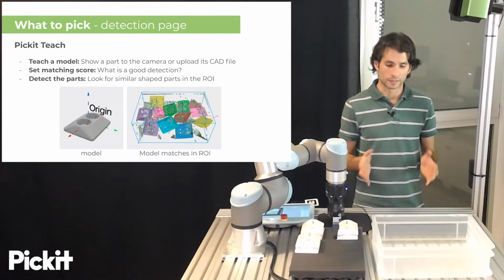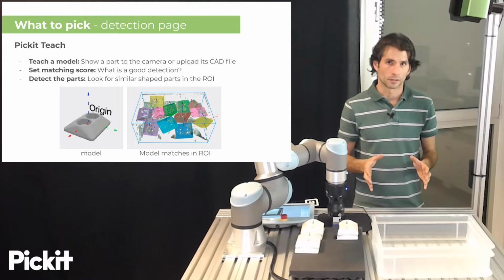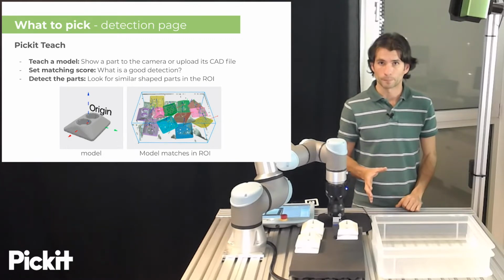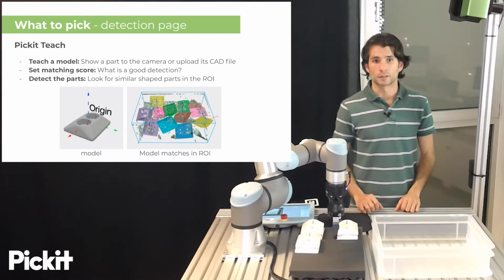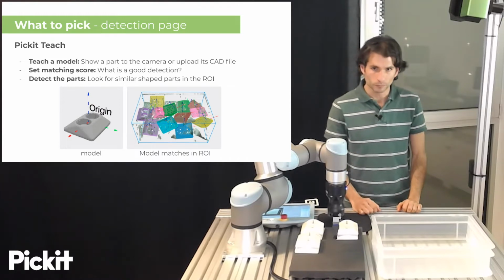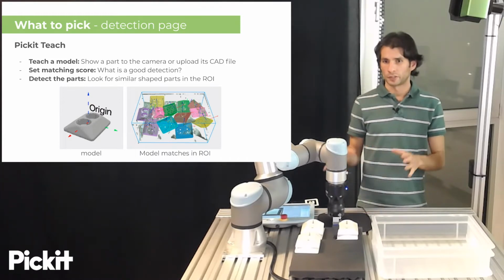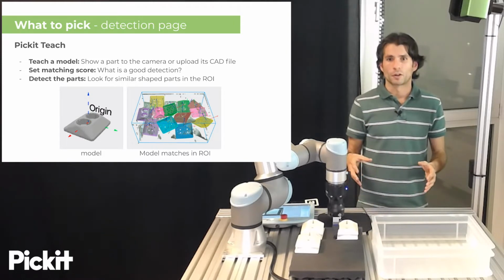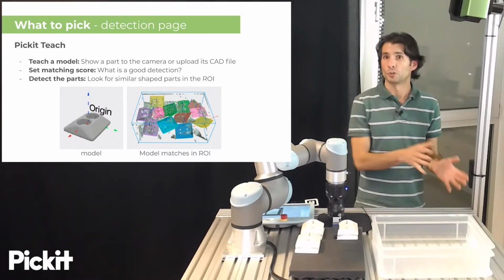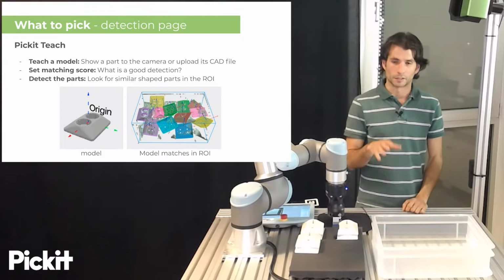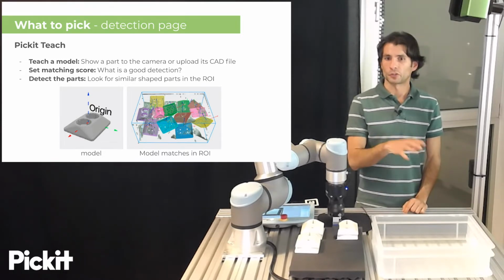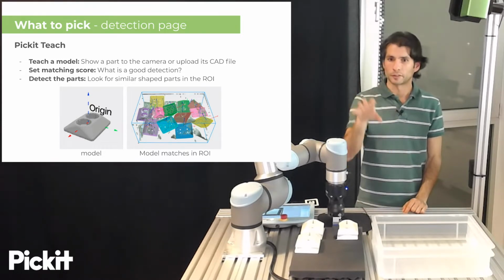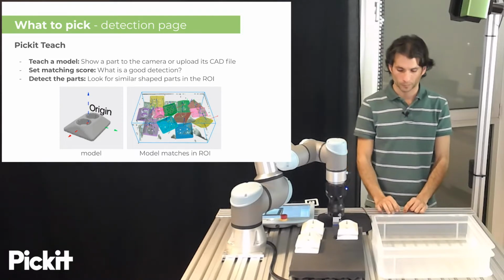For instance, if I see 80% of my part, do I consider this to be good? And then finally, Pickit detects the parts. It looks in a scene such as a bin full of parts for shapes that are similar to the model that we taught. In this example here, we see that the socket is found in multiple instances inside the bin.